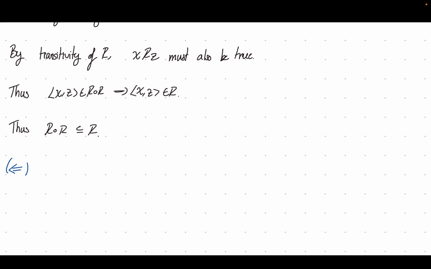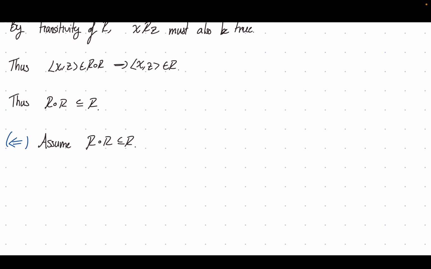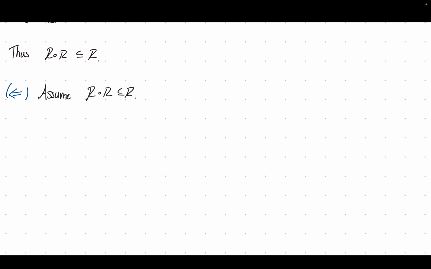And now we go ahead and prove the other direction. Let's assume that R composed R is a subset of R. And let's suppose X R Y is true and Y R Z is also true. So this is our initial assumption.